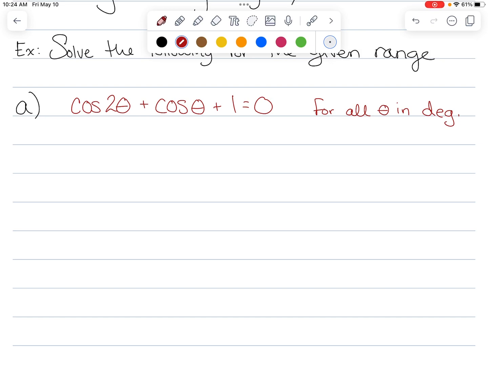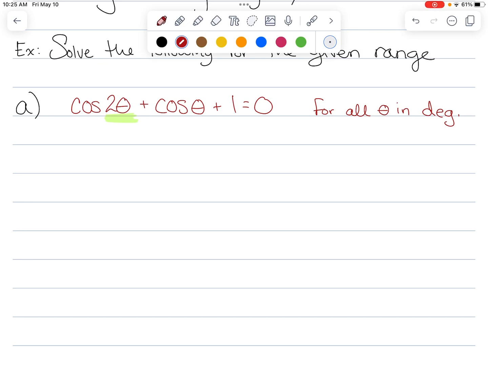So, I am wanting to solve this, which means I want to get things alone. But here's the issue. This is cosine of 2 theta. Anything other than just one angle showing up in the problem is, well, a problem. And I've got both theta and 2 theta showing up.